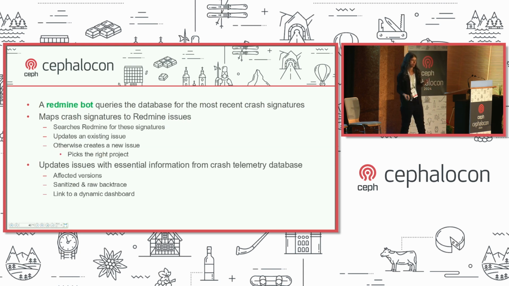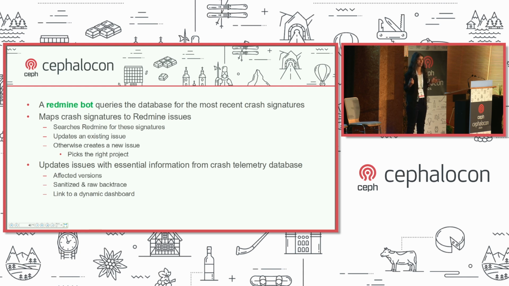And then we have a Redmine bot that can query this database and basically sync this up with Redmine. So, it will search Redmine for the existing signatures. It will update an existing issue if it finds anything that already was reported by us or by a user. And if it doesn't find anything, it will create a new issue. It will pick the right project and populate all the details.